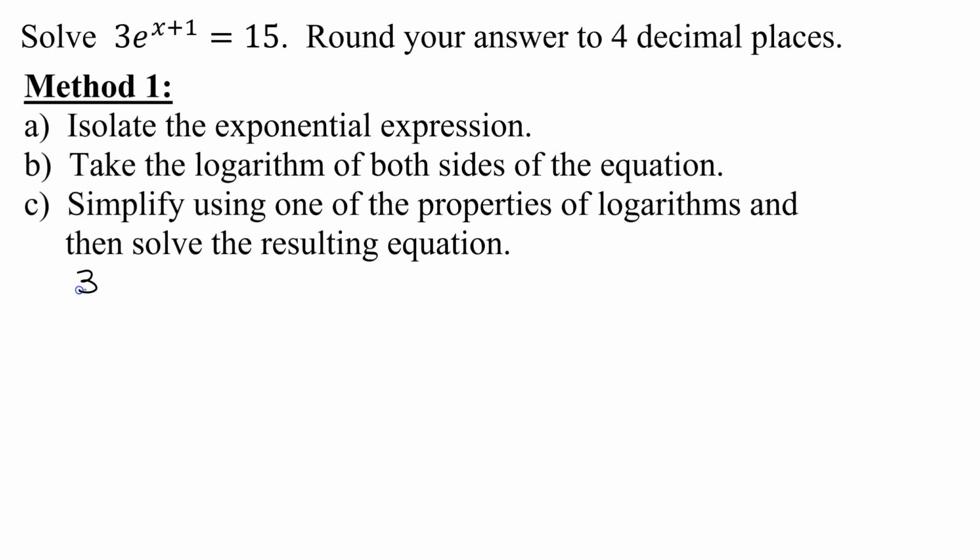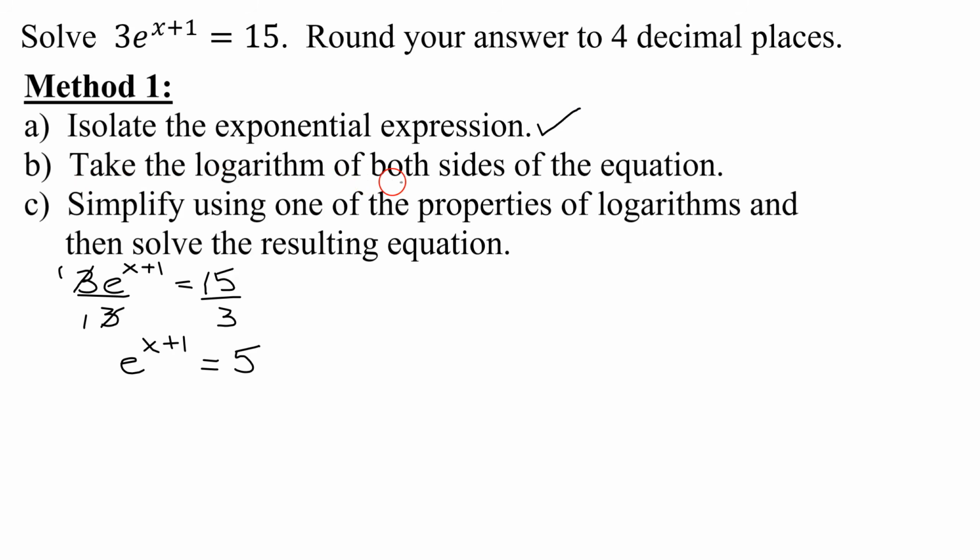So let me write out my equation. The first thing I've got to do is divide both sides by 3. So I'm going to get e raised to the x plus 1 equals 15 divided by 3, which is 5. So step 1 is complete.